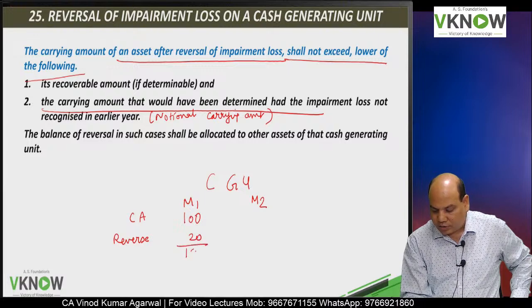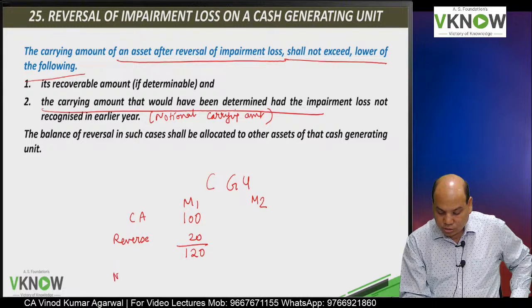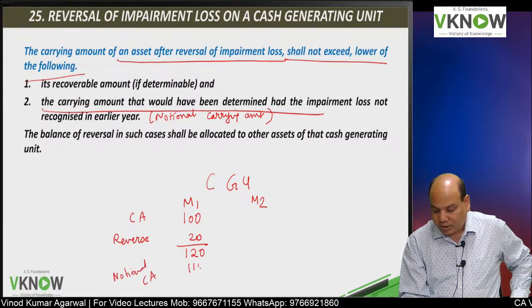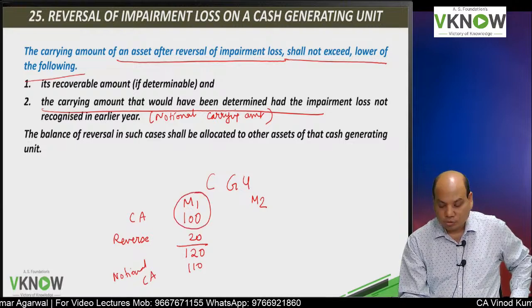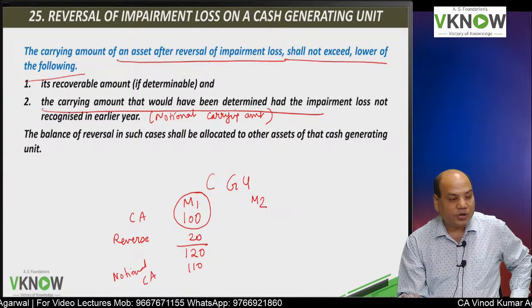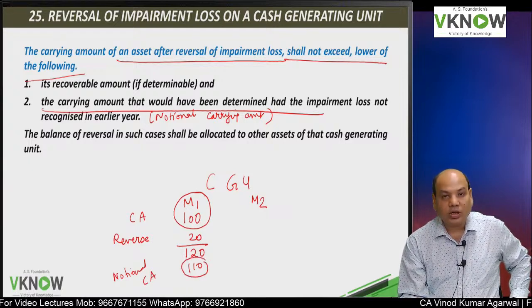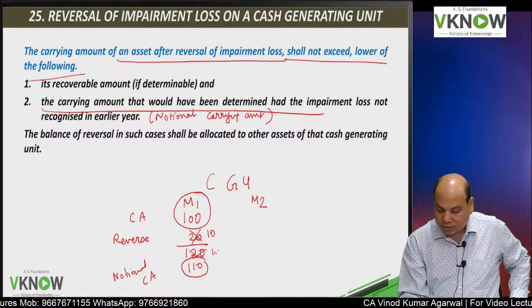After reversal it will become 120, but the notional carrying amount is 110 only. Had I not impaired this asset, in the absence of impairment, the asset's carrying amount would have been only 110. So I can't reverse 20. I will have to reverse only 10.